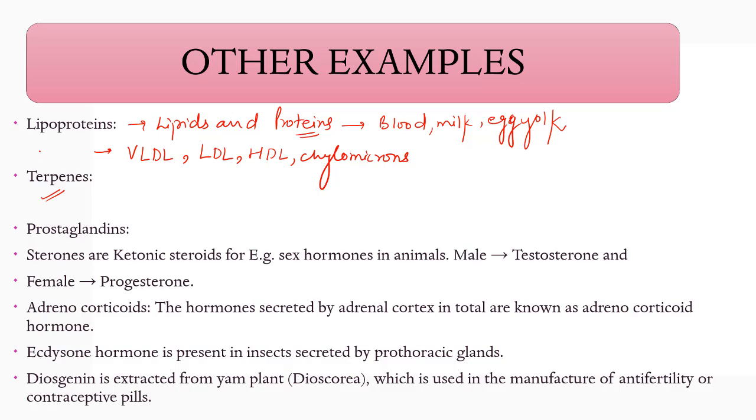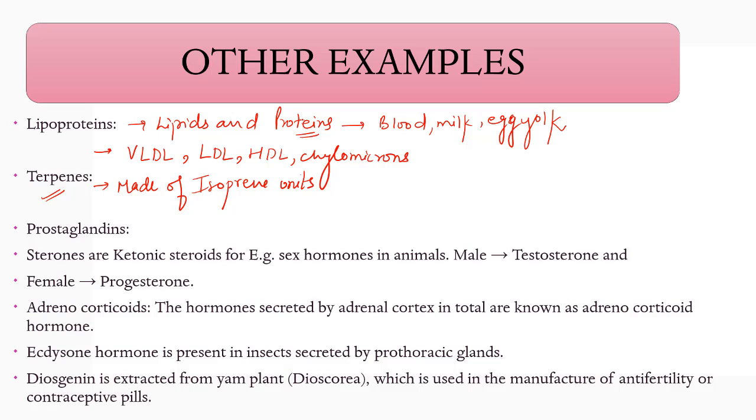Terpenes. Terpenes are lipid-like hydrocarbons formed of isoprene units.